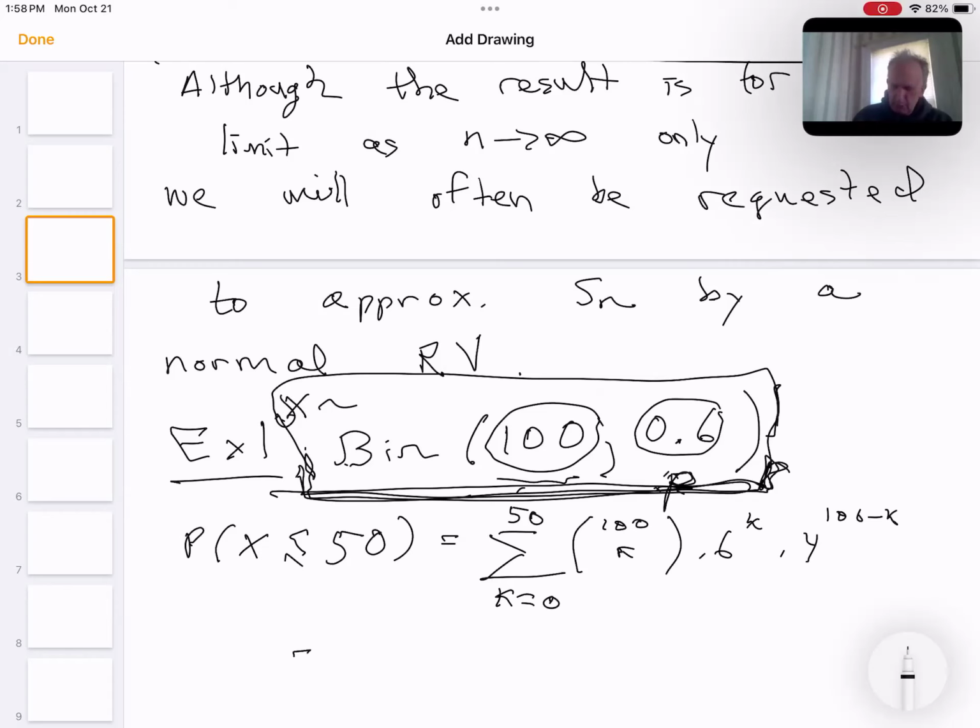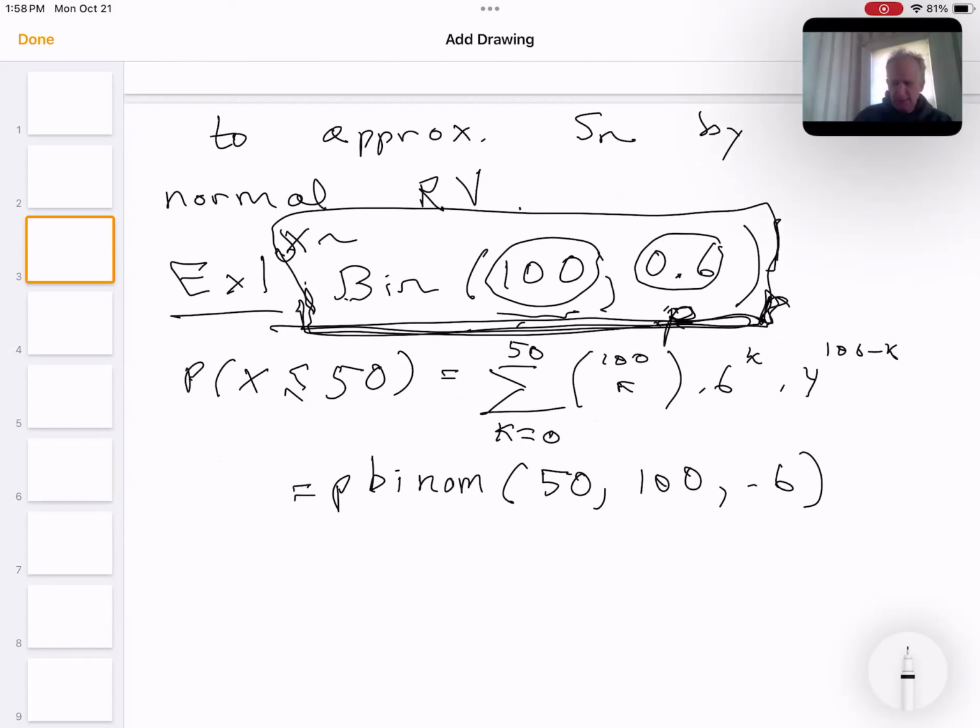And we can call the R command in one word. It will take microseconds to do it. pbinom(50, 100, 0.6). And this is exactly what this means.